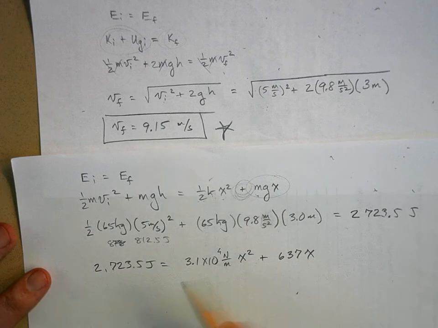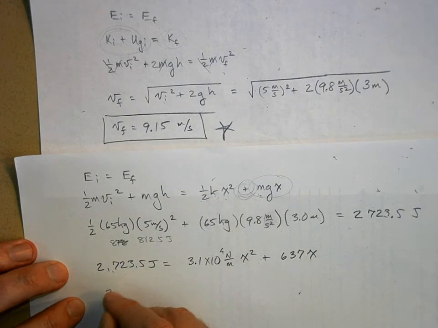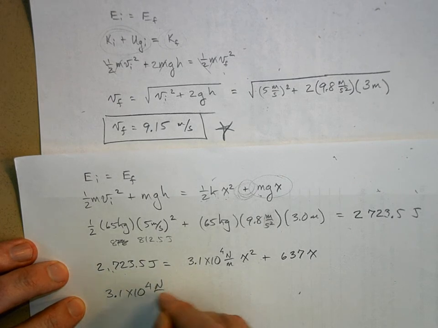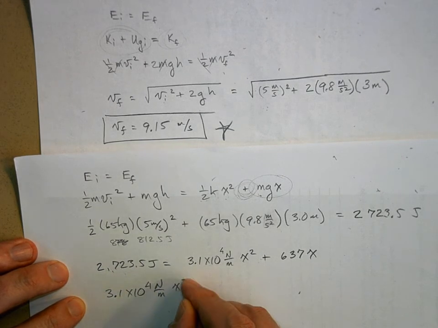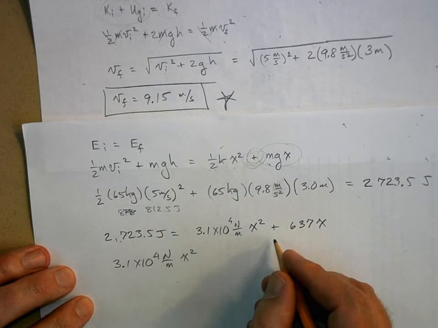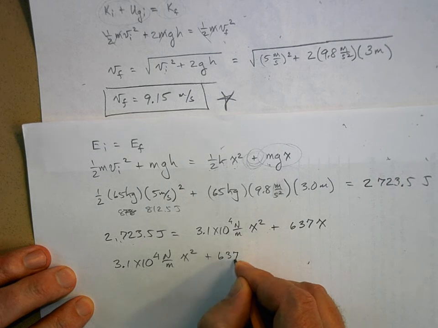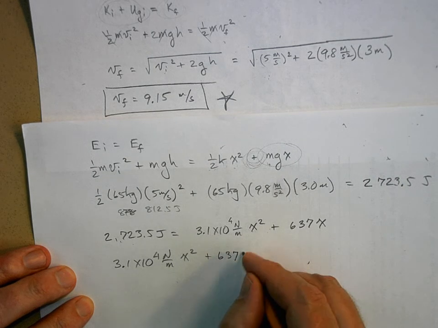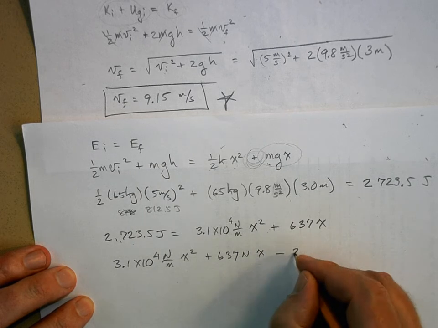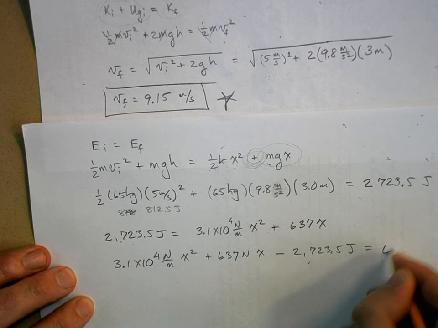Now I'm going to put it in standard form: minus 2,723.5 joules equals 0.